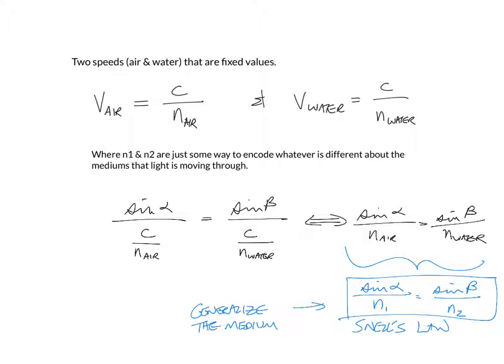And it describes how, if you think of that sine alpha, what was that describing? That was describing a path that light will take in a particular medium. And sine beta was the path that light takes in another medium.